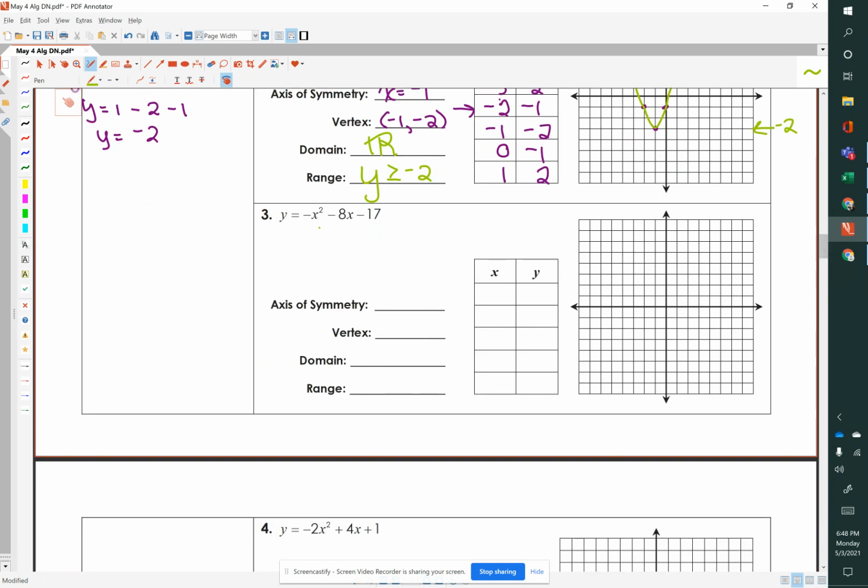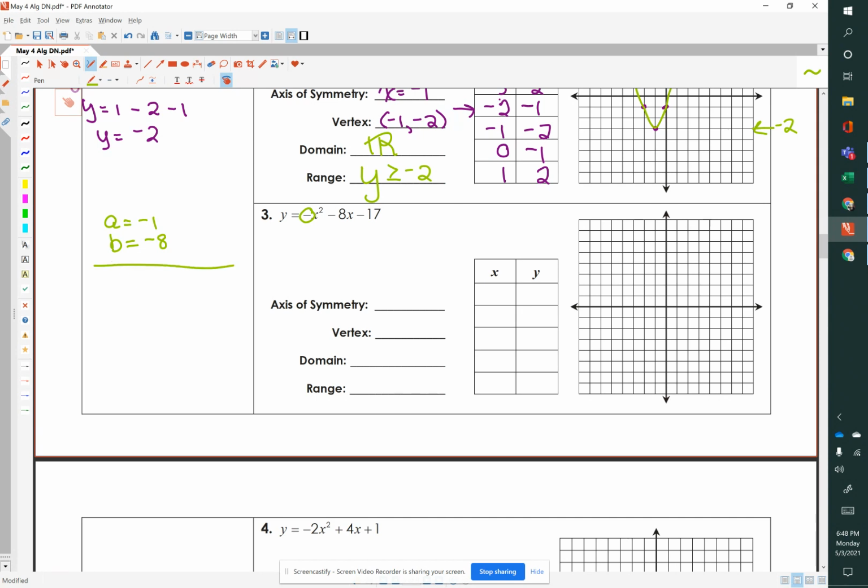So we've got y equals negative x squared minus 8x minus 17. We have a negative a value, so our a is negative 1, and our b value is negative 8. So we already know from that negative sign that this parabola is going to open downward. So let's find the axis of symmetry.